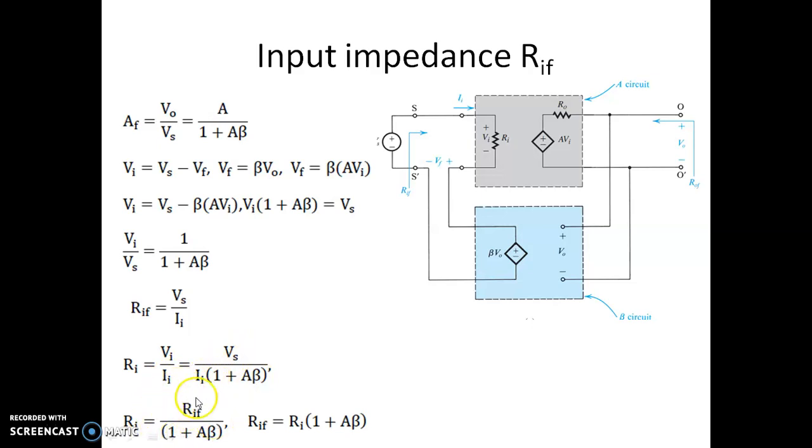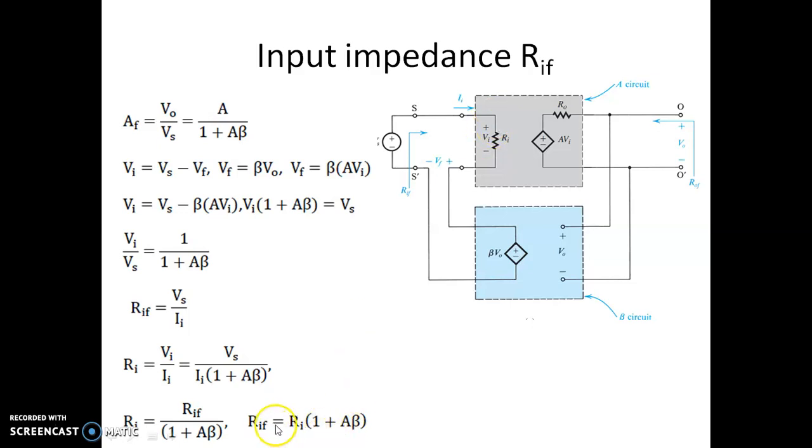By rewriting this expression, RIF, which is the input impedance with negative feedback, is the input impedance multiplied by 1 plus A beta. This Ri is the input impedance of the amplifier without feedback, and when you are seeing from here into the network, the feedback network is also included. So it is the input impedance with feedback, RIF, which is given by Ri multiplied by 1 plus A beta times.